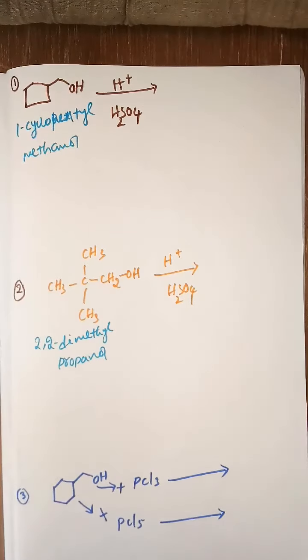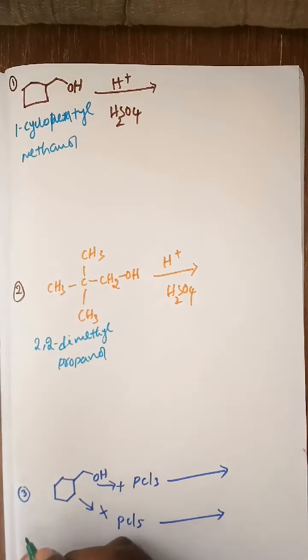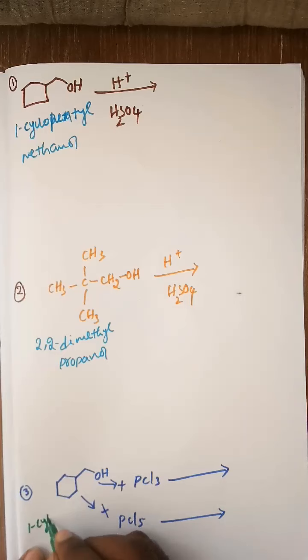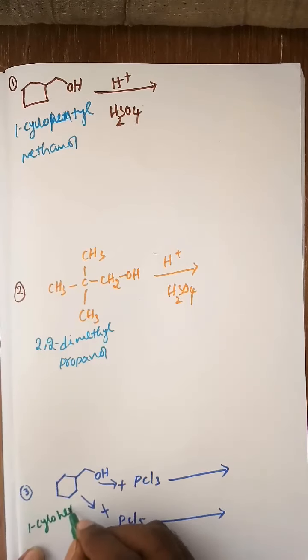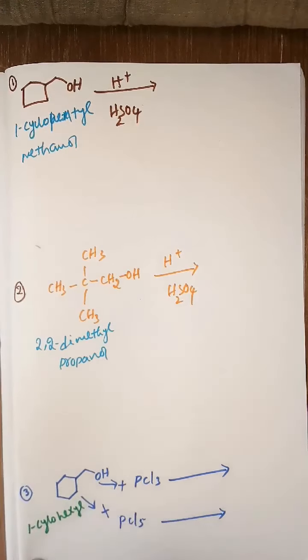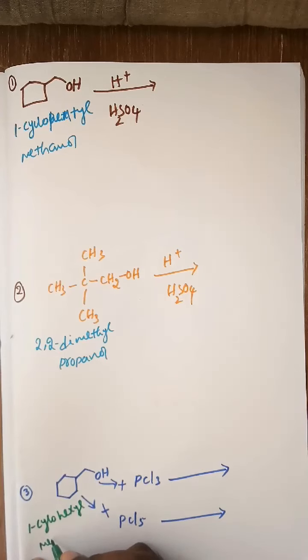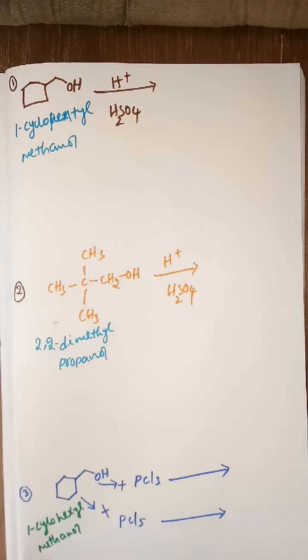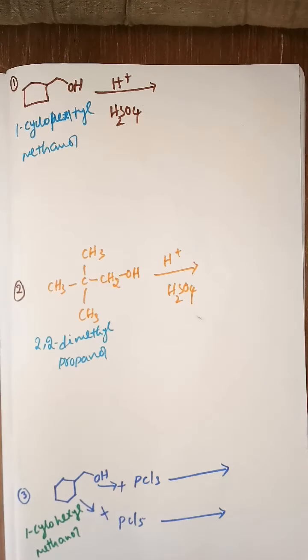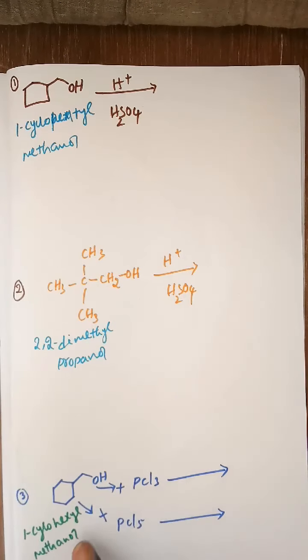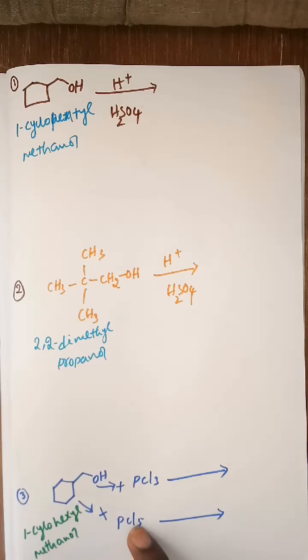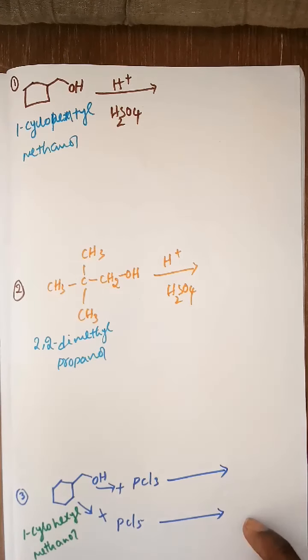What is the name of this compound? The name is 1-cyclohexyl methanol. 1-cyclohexyl methanol reacts with PCl3, and 1-cyclohexyl methanol reacts with PCl5. Find out the products. These four questions are for homework.